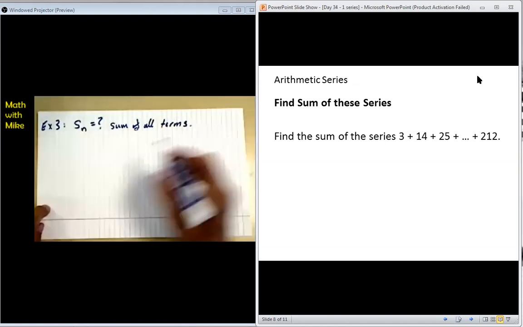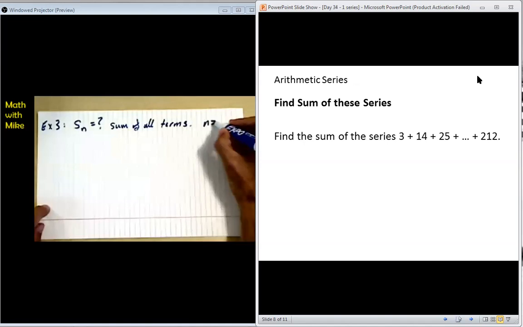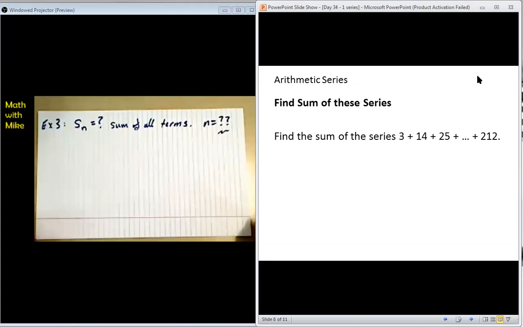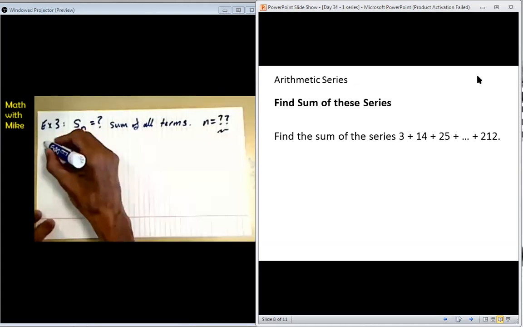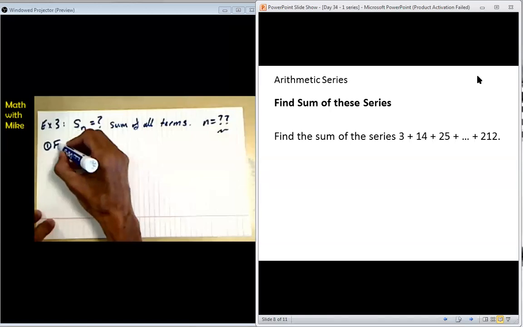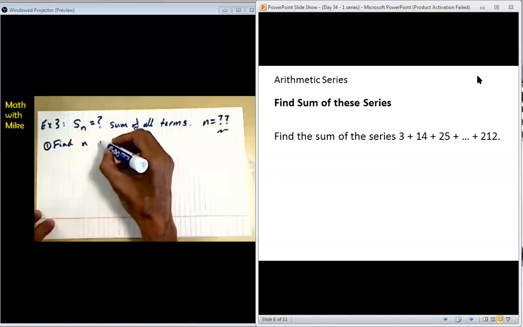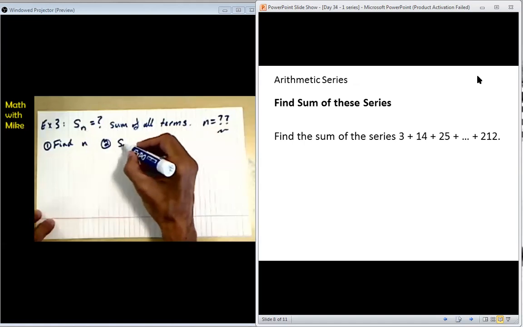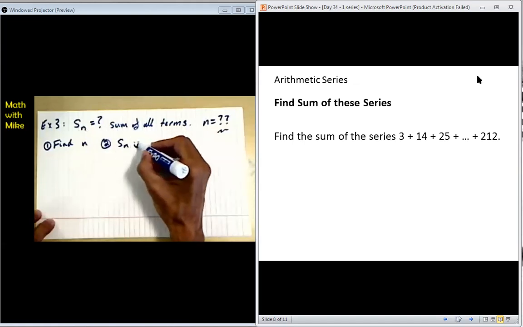But how many are there? N is equal to what? Don't know. So we're going to find N first, and then once we have N, we can figure out what Sn is going to be.